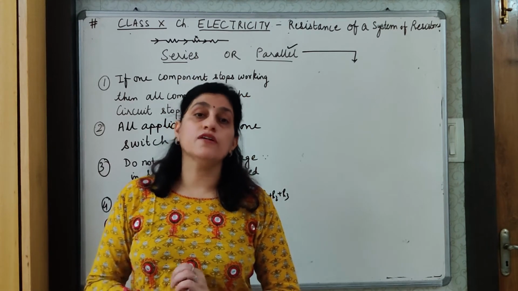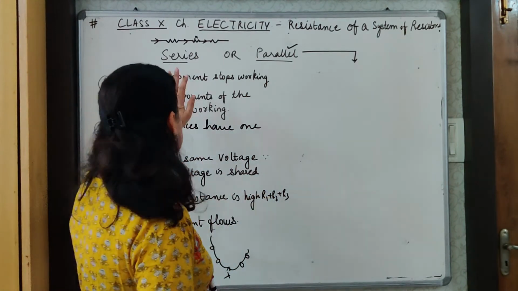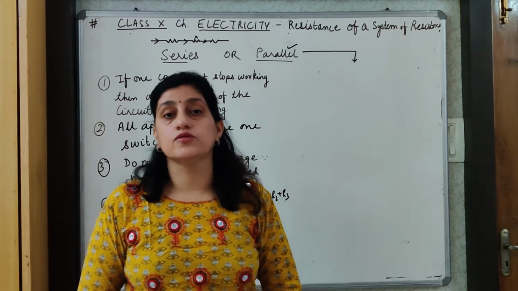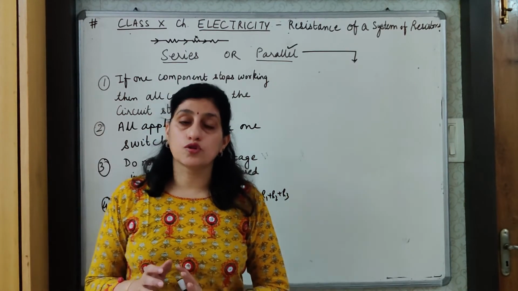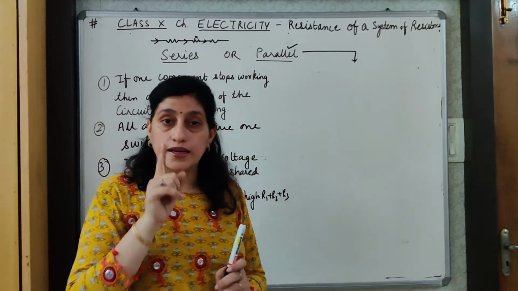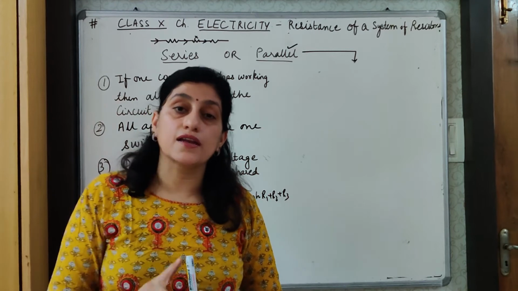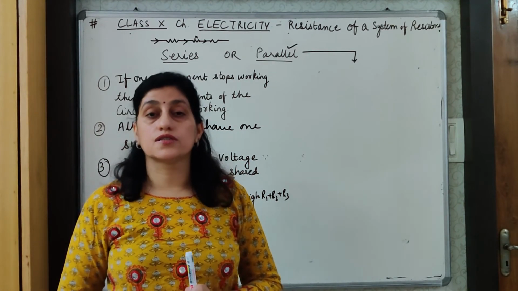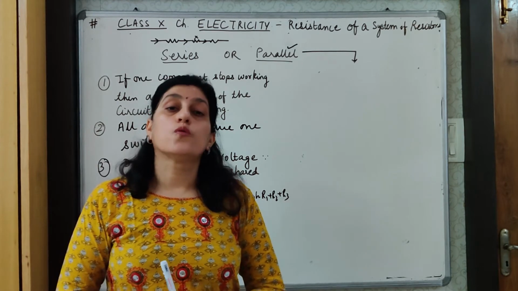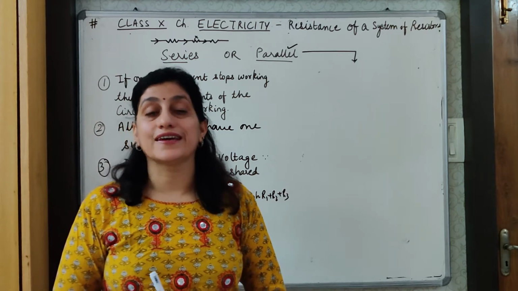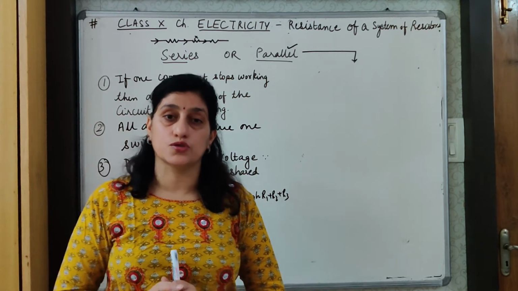To begin with, I will tell you that in the households, it is the parallel circuit which is advantageous, and we use parallel combination over series combination. And now we are going to discuss why parallel combination is preferred over series in domestic electric circuit. This is the main question also.